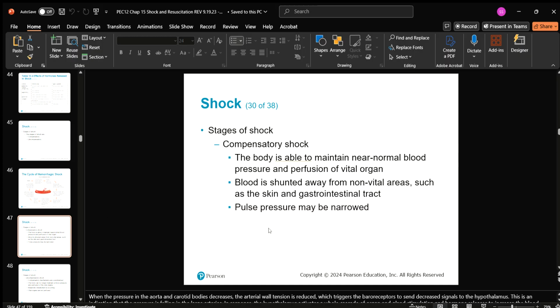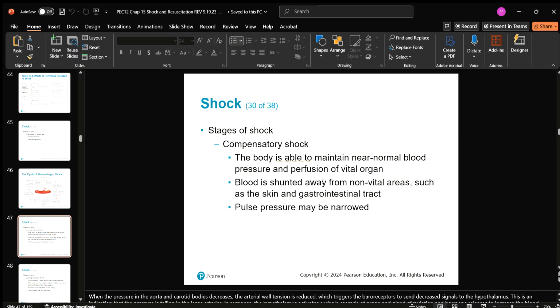All right, compensatory shock. The body's able to maintain near normal blood pressure and perfusion of vital organs. What are our vital organs? Brain, heart, lungs, kidneys. Blood is shunted away from non-vital areas. So everything else.